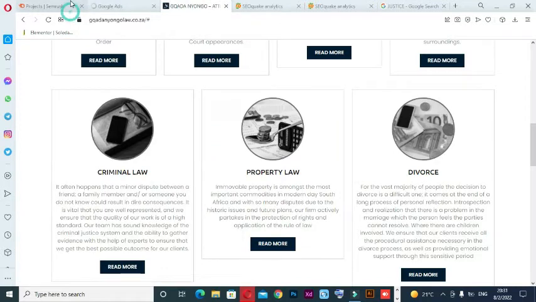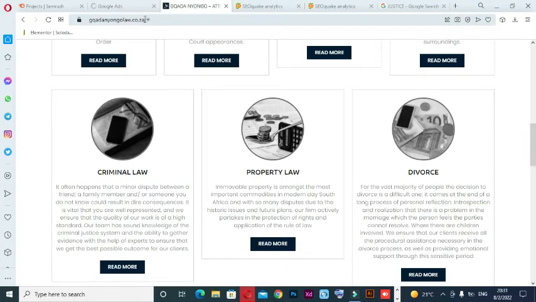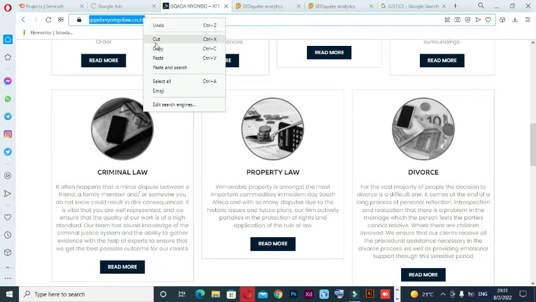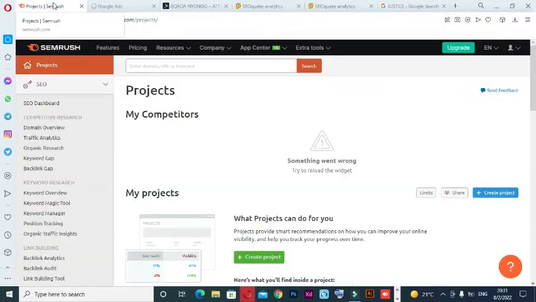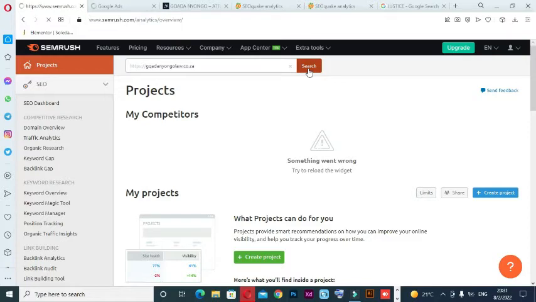Before we do that, let's just do a SEMrush scan. Why are we doing it? So that we see the competitors and the real rankings of the website, which keywords they are ranked for, and many other things. SEMrush gives you a free trial every day, I think every 24 hours, to scan one website link.